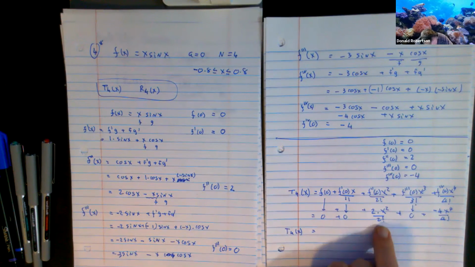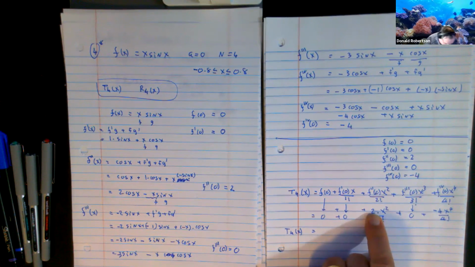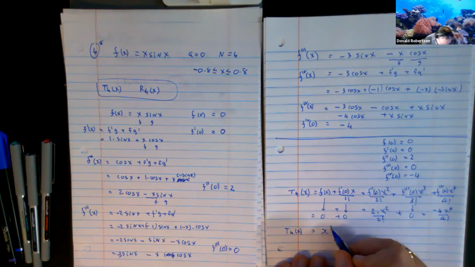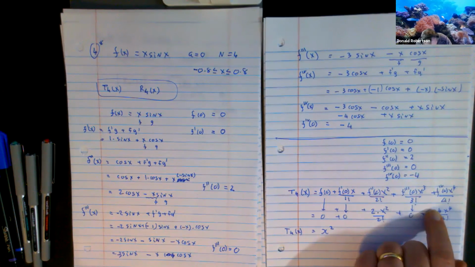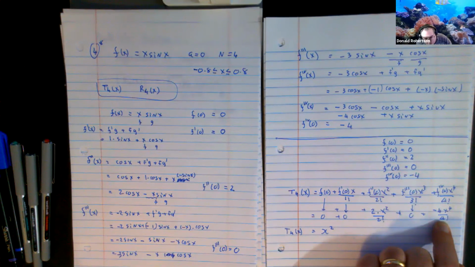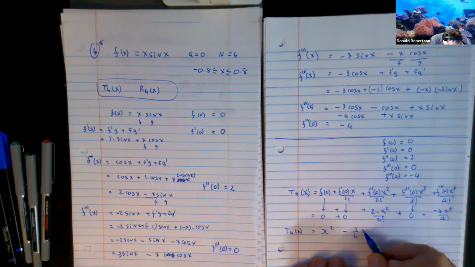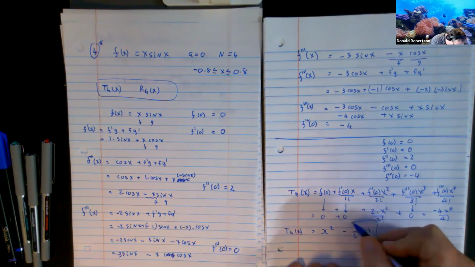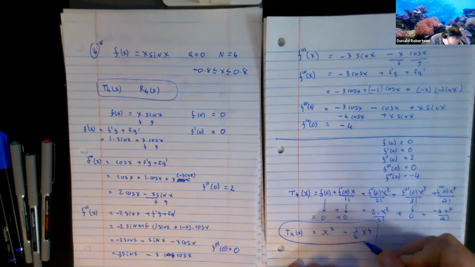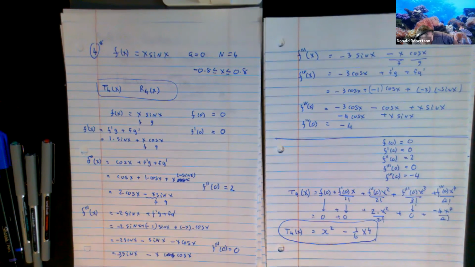And this fella here is 2, and it cancels out with that 2, so you get x squared. And this is -4, and that guy there is 24, so you still get 6. So you get -1/6 x to the 4. And you have now got that guy.